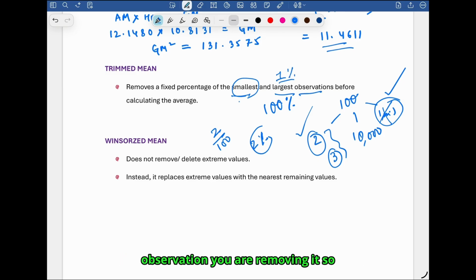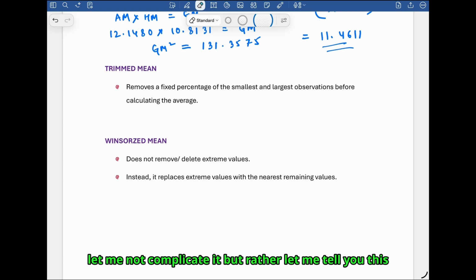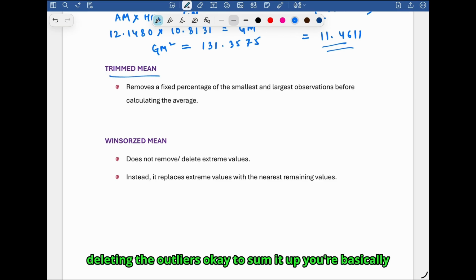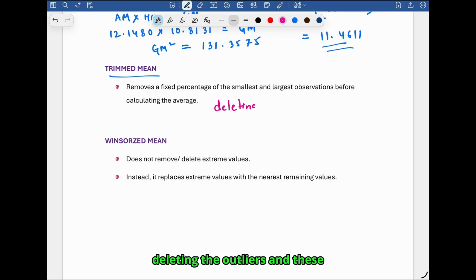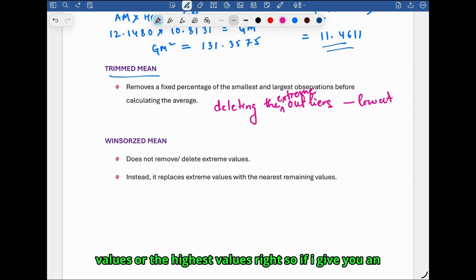Let me not complicate it, but rather let me tell you this way: in trim mean, you're basically deleting the outliers. To sum it up, we're basically deleting these extreme outliers. These extreme outliers could be the lowest values or the highest values, right?